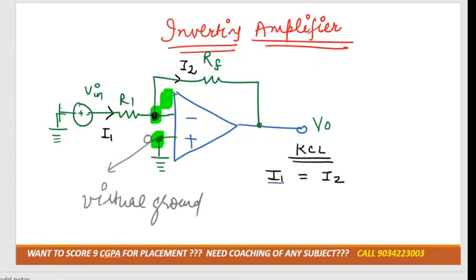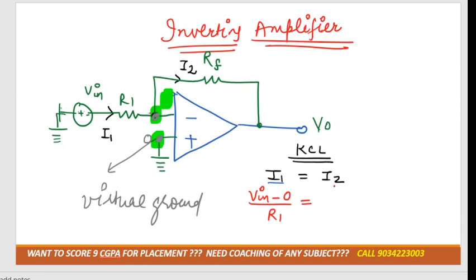Now see I1. As you know, is I1 moving from V in to 0, or 0 to V in? Tell me. Yes, so if I apply nodal analysis, as you have done earlier, I1 is moving from V in to 0. So can I write V in minus 0 divided by R1?